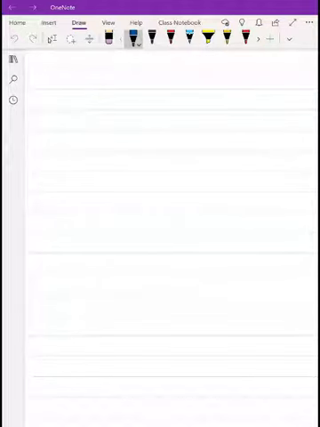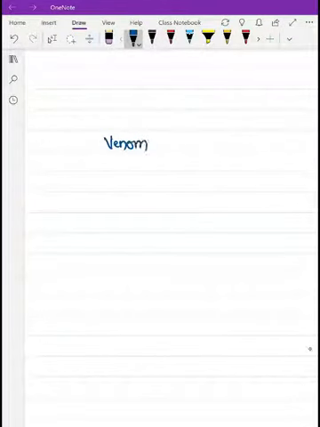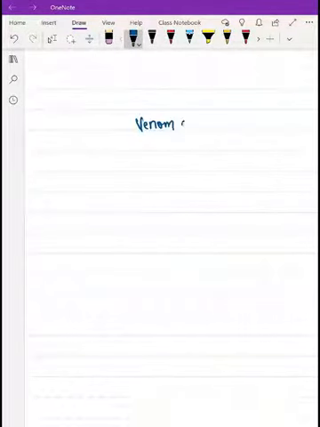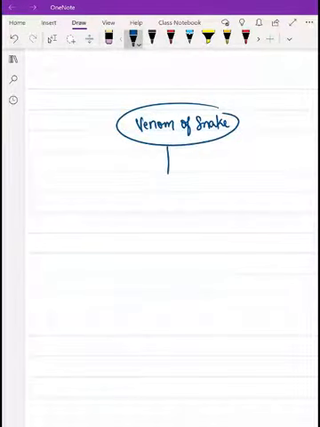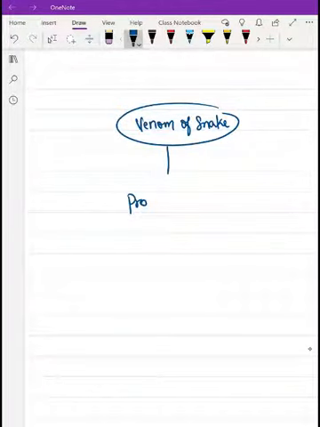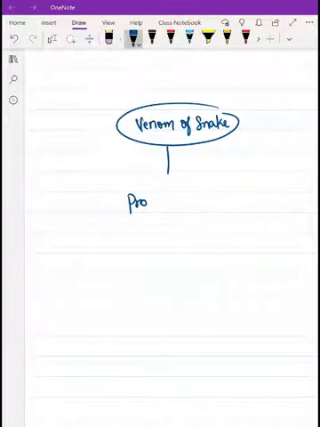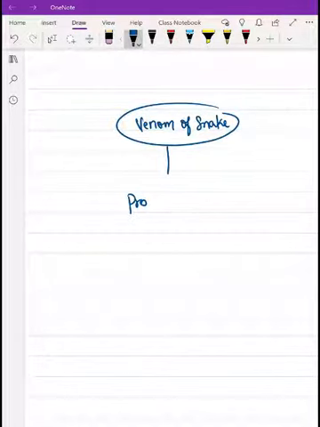Before talking about the types of venomous snakes, first I want to tell about the venom of snake. Venom of snake mainly contains proteolytic enzymes, glycopeptides, glycoproteins, and polypeptides.